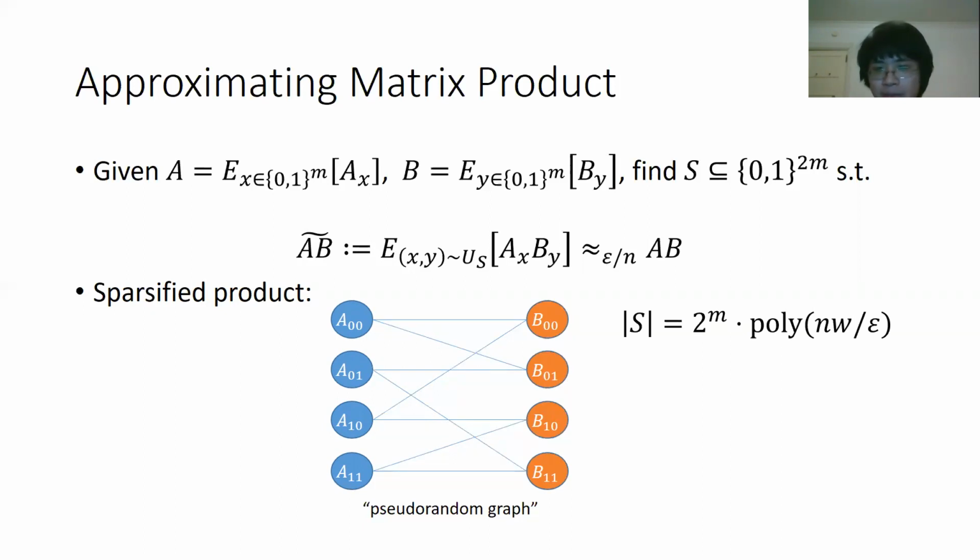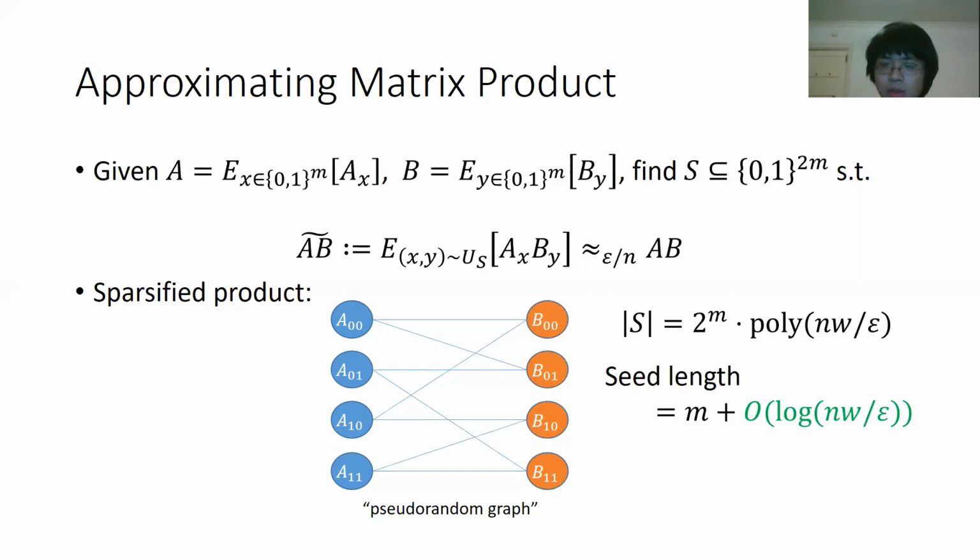This pseudorandom graph is a pairwise independent hash function in Nisan's original work. And in some following works, we can also use an expander, extractor or sampler for this pseudorandom graph, and all of them work. Now the seed length of this sparsified product is only log NW over epsilon larger than each side. Therefore, the seed length of Nisan's generator will be log n times log NW over epsilon.